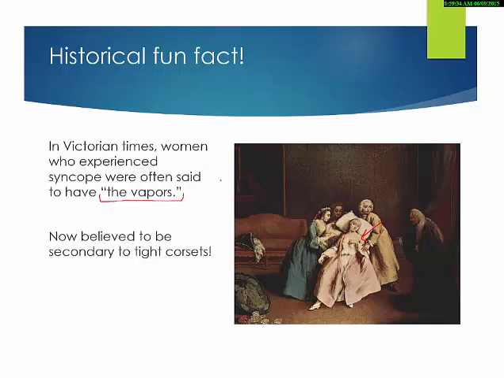And if you consider the clothing that women were wearing back at this point, these tight corsets, they actually believe that women used to pass out because their corsets were so darn tight that they were constricting blood flow and decreasing the respiratory ability of the chest cavity from expansion. So these really tight corsets, squeezing in, are the main issue for most of these women. But little historical fun fact, it used to be called the vapors.